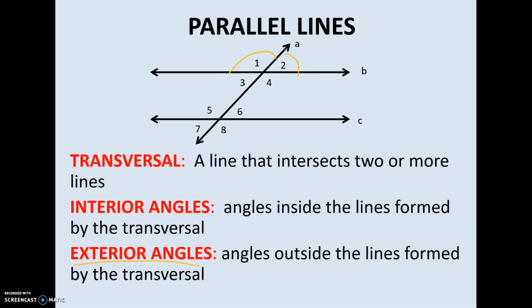Angle 2 would be an exterior angle. Angle 7 would be an exterior angle. And angle 8 would be an exterior angle. So once again, exterior angles are angles formed by the transversal that are on the outside of the lines. Okay. Any questions there? Excellent.